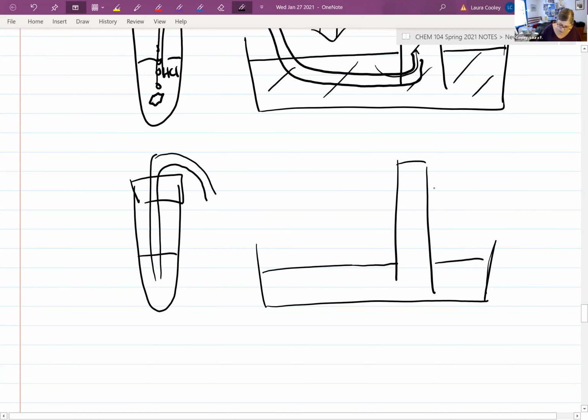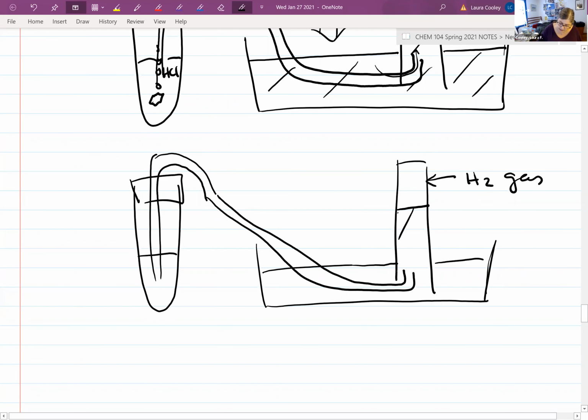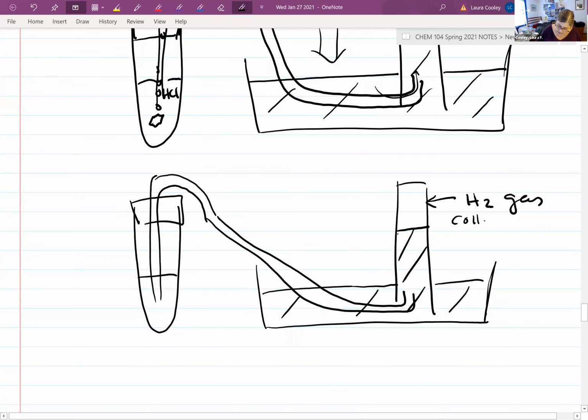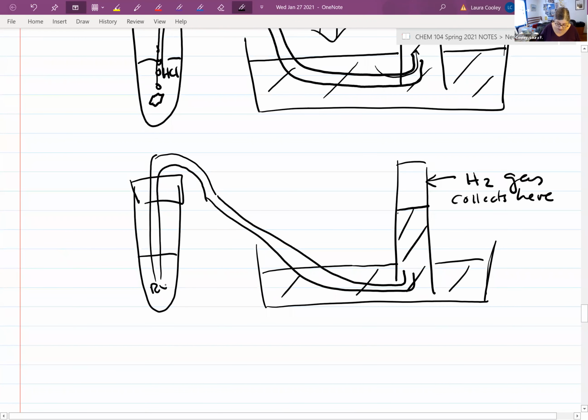This cylinder is full of water initially, but then as the hydrogen gas comes into the cylinder, we have H2 gas here, and the water level doesn't go completely up the tube anymore. So the gas collects here. Why does it collect here? Because it's less dense than water, so of course it's going to be on top. So you'll end up with the hydrogen gas there.